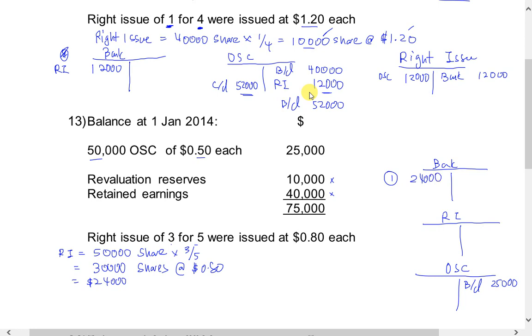When we issue shares, we receive money. Debit bank and credit rights issue. Step 2, debit rights issue, credit our ordinary share 24,000. Done. The balance is now carried down, brought down 49,000.